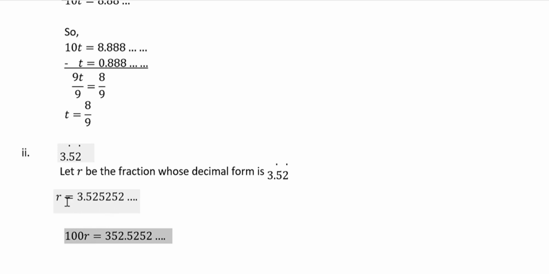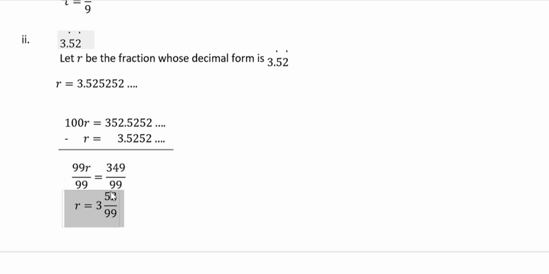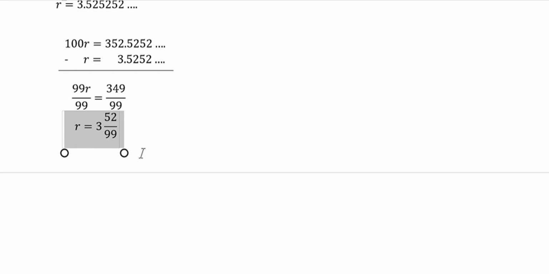So subtract this one from here. When you do that, this will give you 99r being equal to 352.5252 minus 3.5252 will give you 349. To get r, divide both sides by 99, and when you do that, you will get r being equal to 3 and 54 over 99.